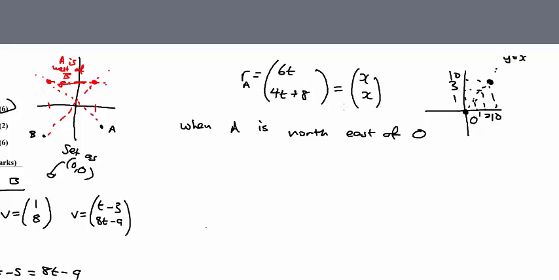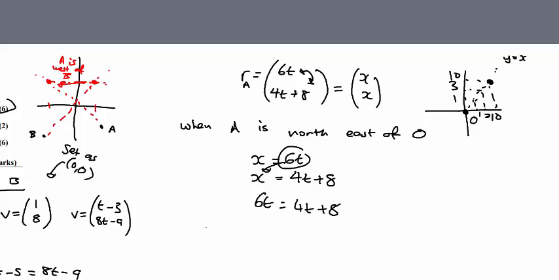And then you just treat that like a simultaneous equation, except it's simpler than that. You're looking for it when x equals that and 4t plus 8. So you just substitute this into here and you get 6t equals 4t plus 8. Basically you're making it when these two are equal. Does that make sense? Yeah, that's what you're doing.